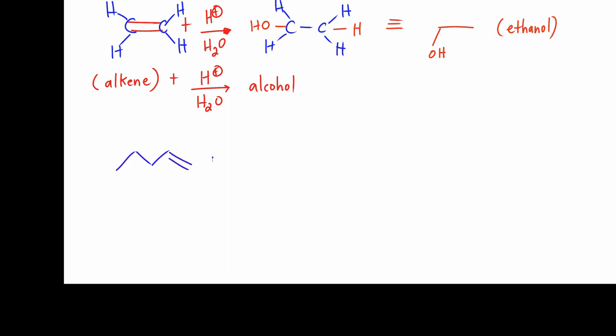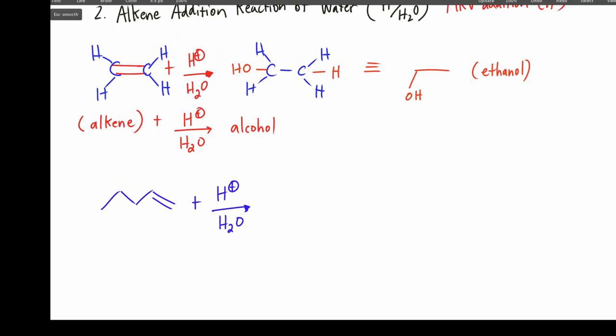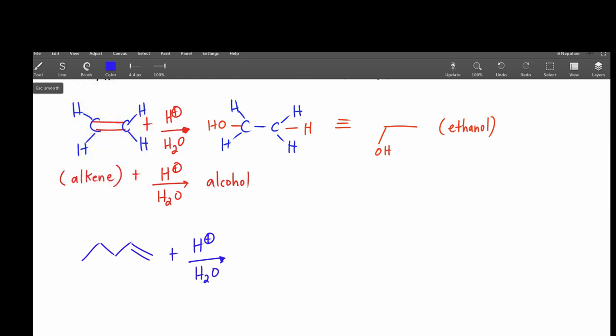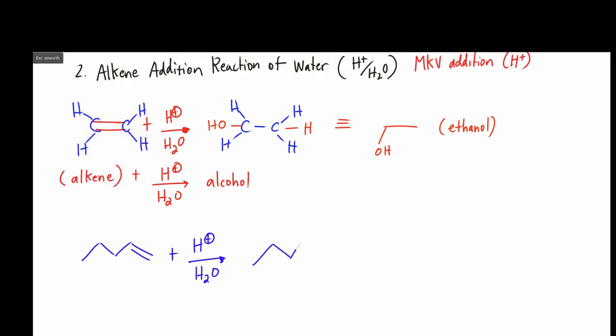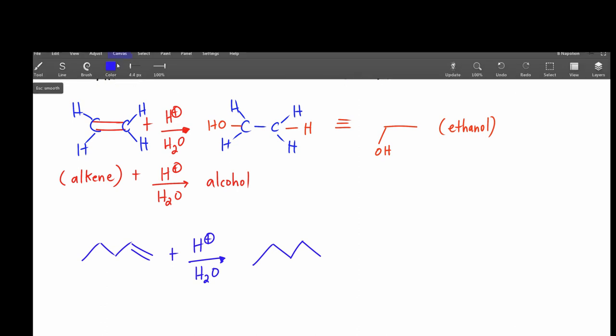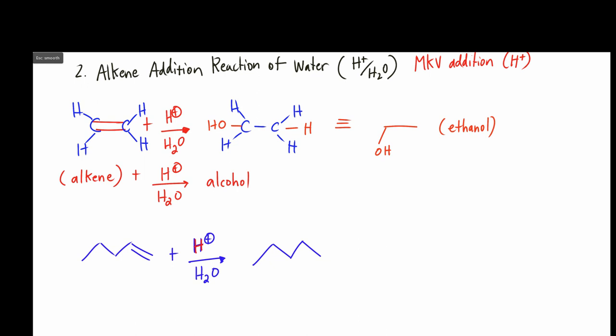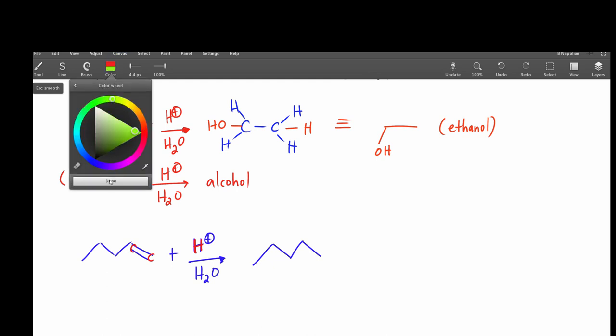Let's put the double bond there. We're going to say H plus over H2O. Now, draw out the same number of carbons, and I'm going to make this H red. I want to add that H to the carbon in this double bond that has the most hydrogen.